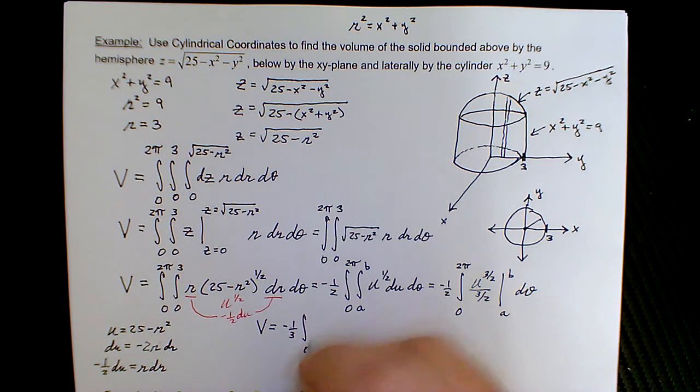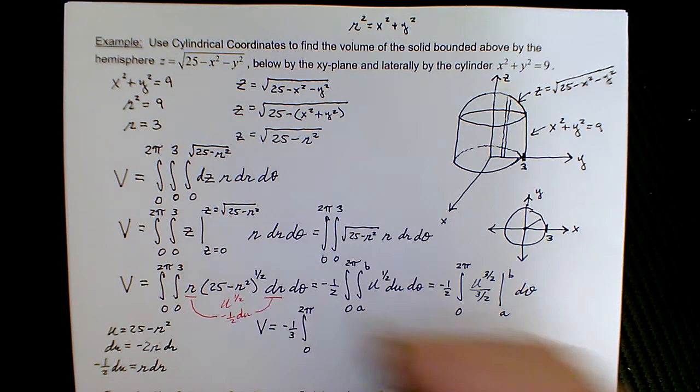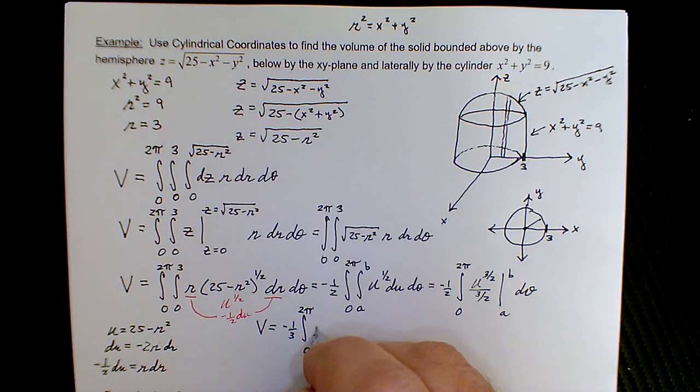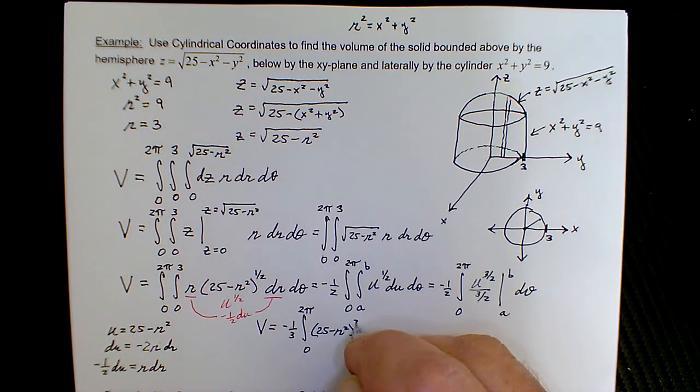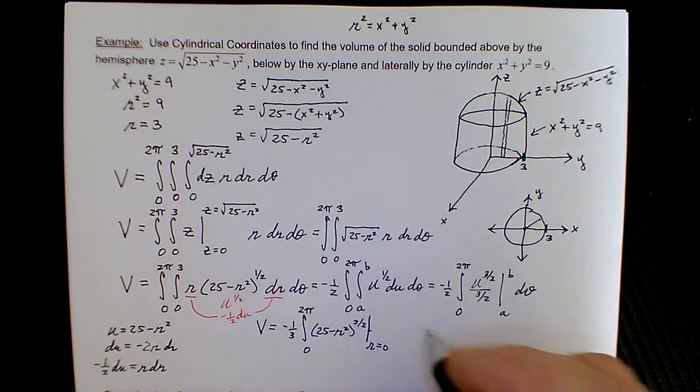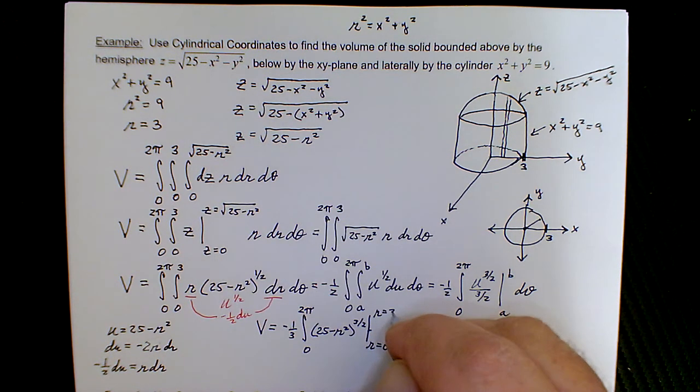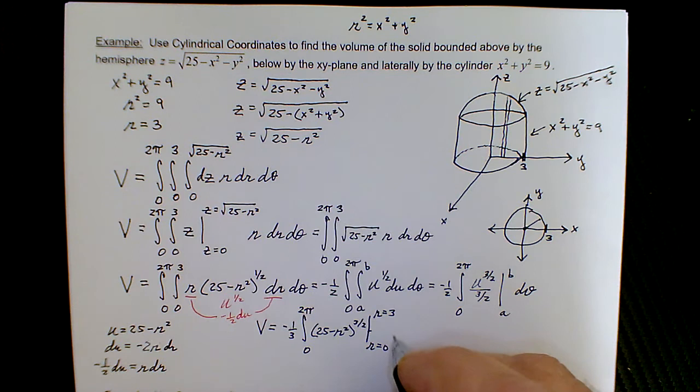Then I get the integral 0 to 2 pi of our u, which was 25 minus r squared, to the 3/2, and that's evaluated as r goes from 0. So now we go back to the original limit, 0 to 3, was what r was ranging.